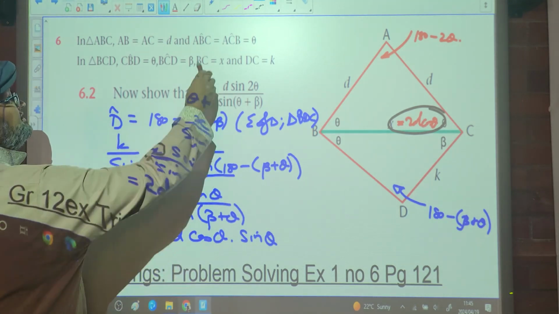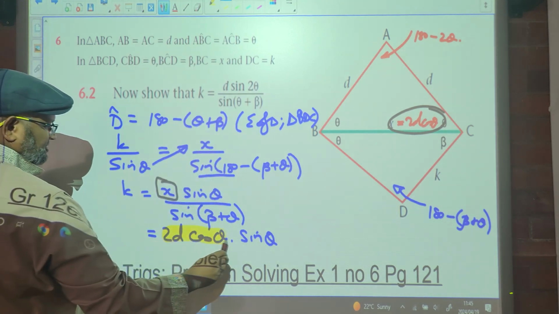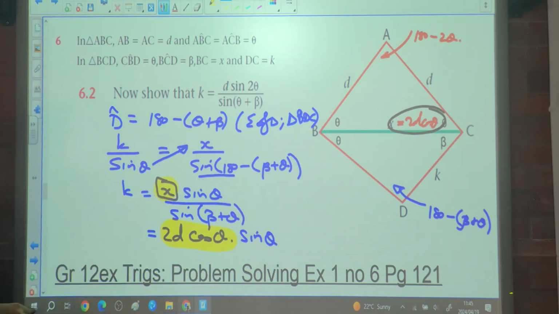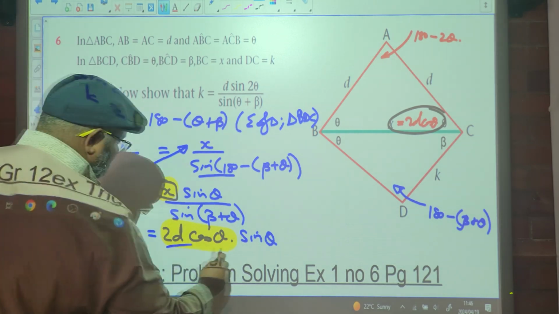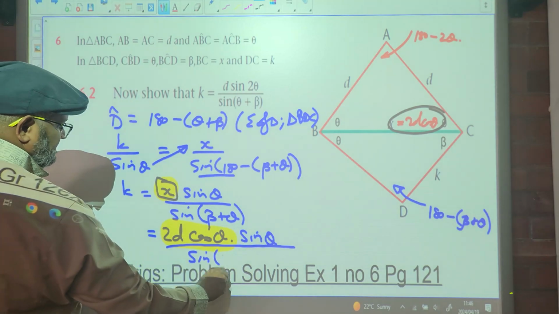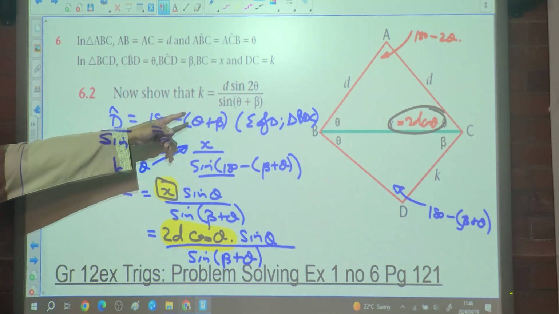So this here is what x is, not so. Before you get confused there, that is what x is, and that is from the previous question. And this is all over sine beta plus theta. But is that what they asked us?